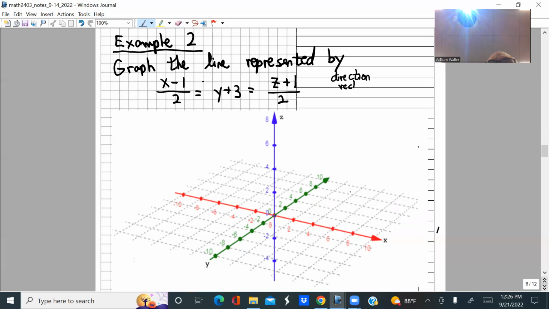The direction vector kind of corresponds to slope. You just read the denominators off of the symmetric equations. This denominator is 1; think of it as being divided by 1 if it's missing. So what are the components? 2, 1, 2, right?